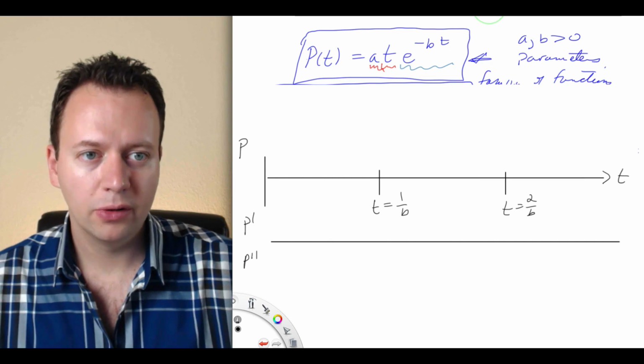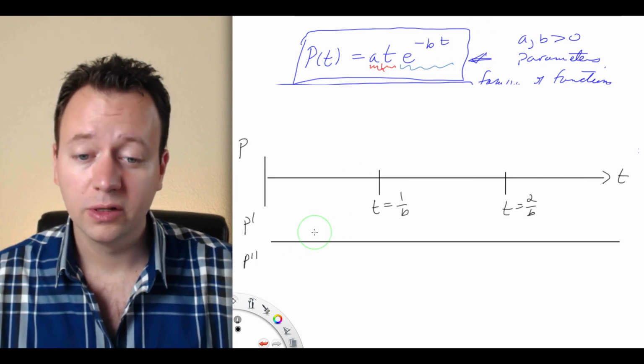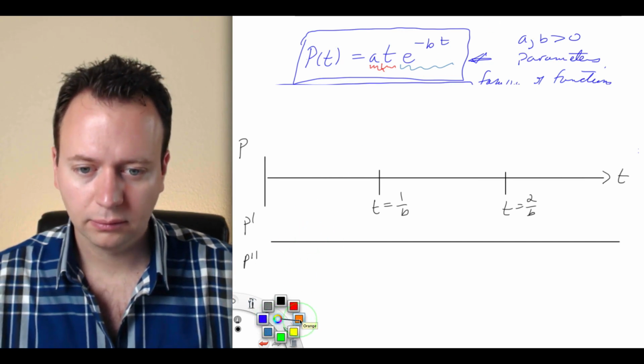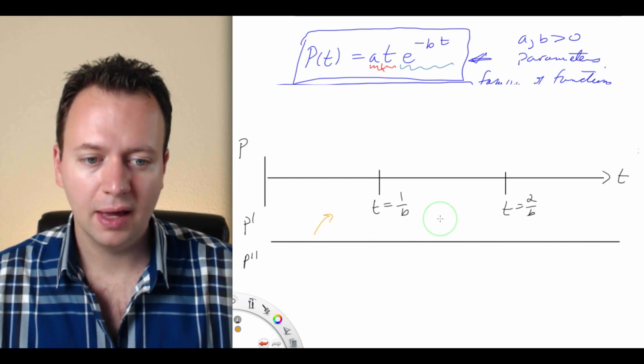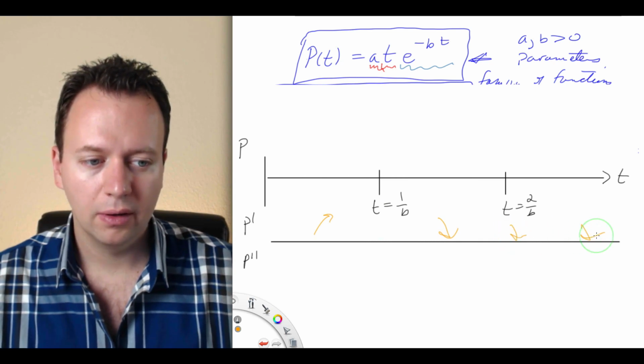So what was happening with the derivative? The derivative was positive for t less than 1 over b, and then the derivative was negative after that.